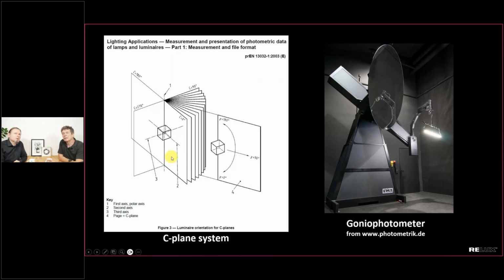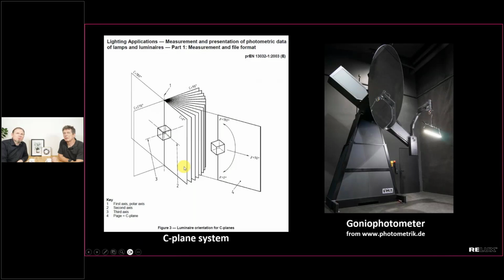The B planes are evaluated from the front, so up and down, and not around the up-down center. And this works the same way. It's also possible. I guess even in this standard, you have the formulas for how to transform from B to C or from A to C and so on. So this is just math.